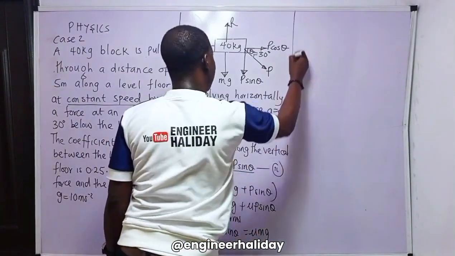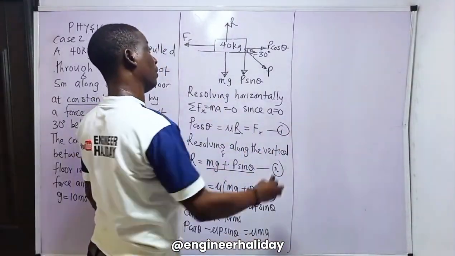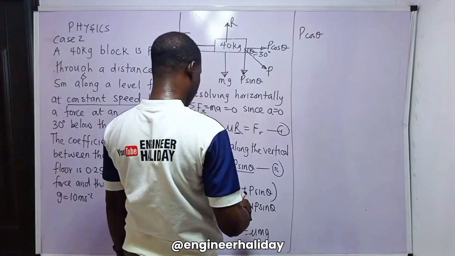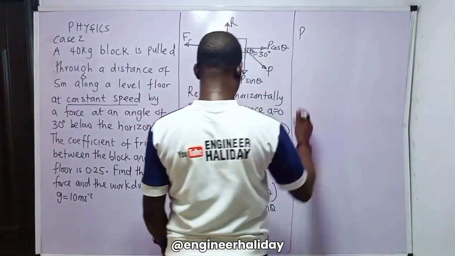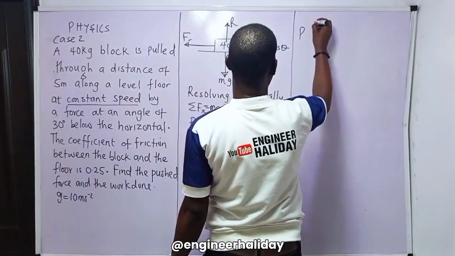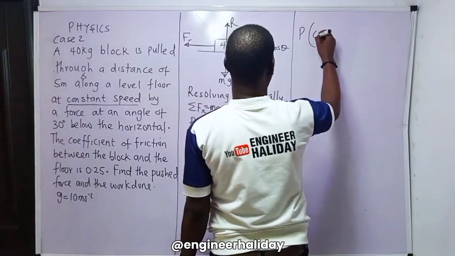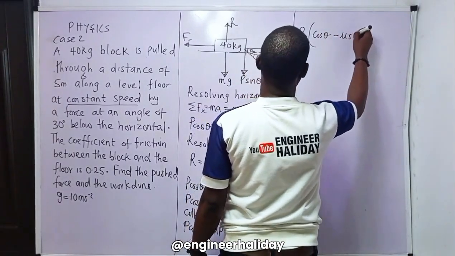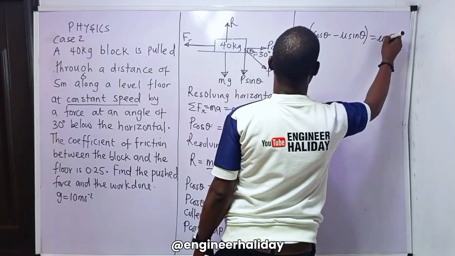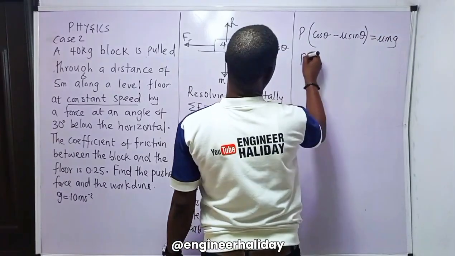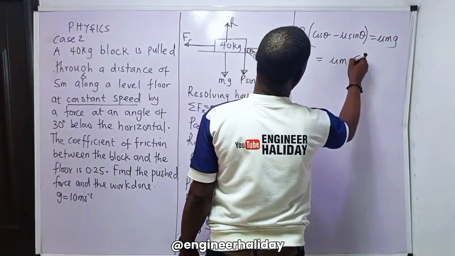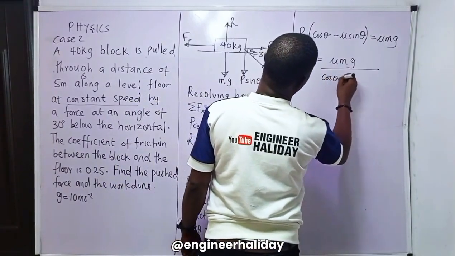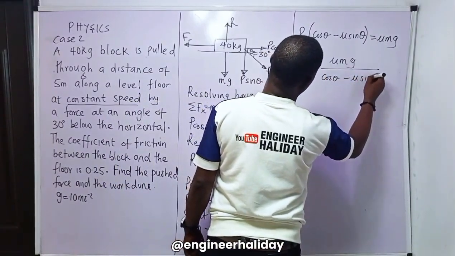P is common, so P times cos theta minus mu sin theta equals mu mg. Therefore, P equals mu mg over cos theta minus mu sin theta.